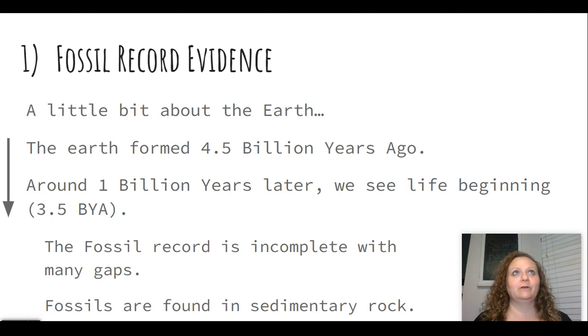And because we don't have sedimentary rock everywhere, the fossil record actually ends up being incomplete. There's gaps. There are places where we suspect we should be seeing fossils that we're not. So those sorts of things mean that the fossil record is, while it's great evidence, it's not the only evidence that we're going to rely on because it's incomplete.